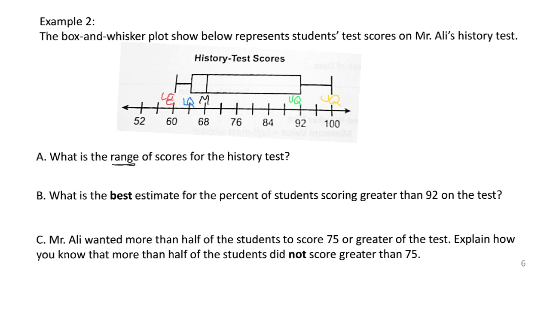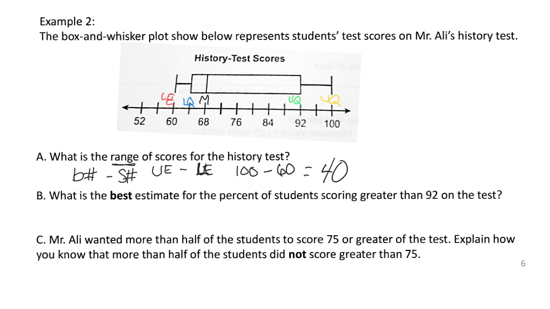To find the range, remember, it's the biggest number minus the smallest number. So we take our upper extreme and subtract our lower extreme. Our upper extreme is 100, and we subtract our lower extreme of 60, so our range is 40.